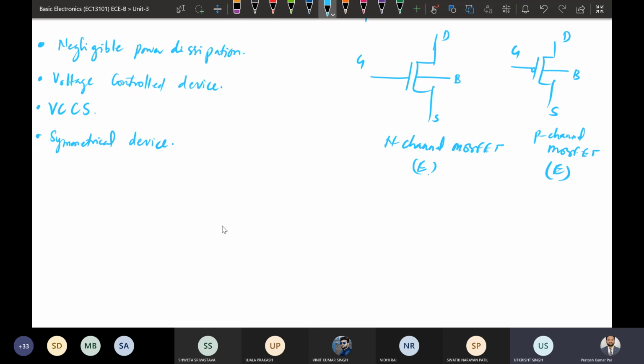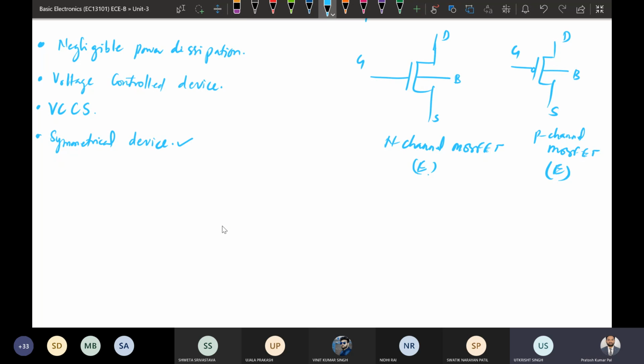It is a symmetrical device, meaning this is the drain terminal and this is the source terminal, and the drain and source can be used interchangeably. That means we can replace the drain with the source and the source with the drain. That's why it is called a symmetrical device. It's similar to JFET, where we can also replace the drain and source terminals.